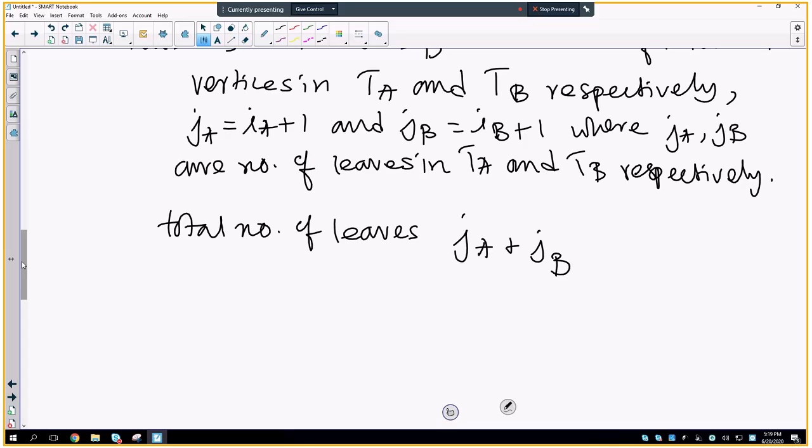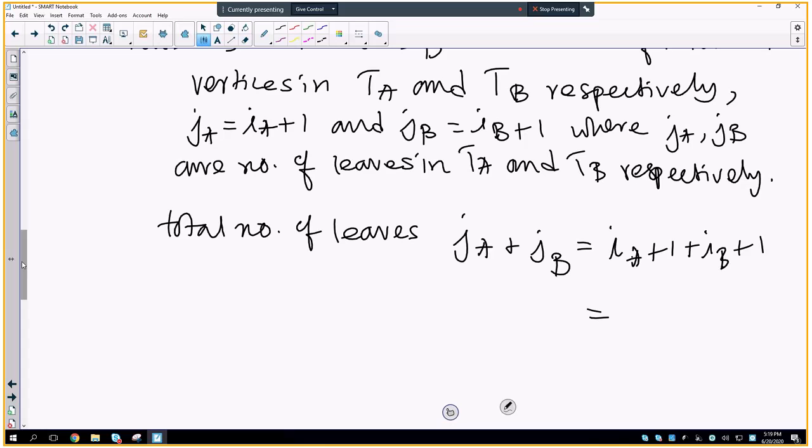By the work we have done, this is equal to IA plus 1 plus IB plus 1. So that's the total number of leaves. If you think carefully, IA is the total number of internal vertices in TA, and IB is the total number of internal vertices in TB. But there is one other vertex, and that is the root.